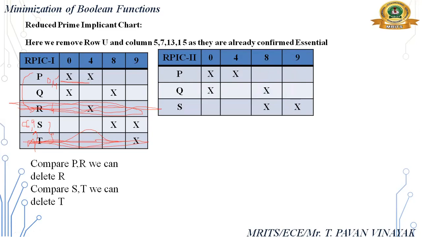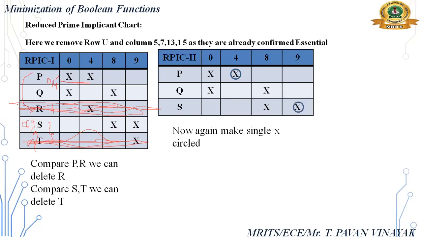Now check for single terms. Now circle the single X's. Single X's are available at 4 and 9.